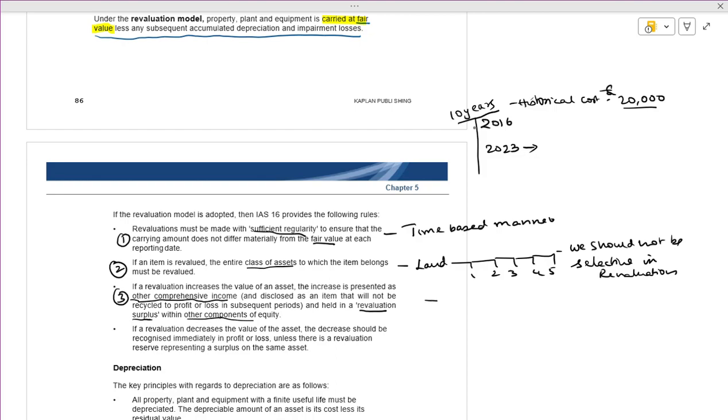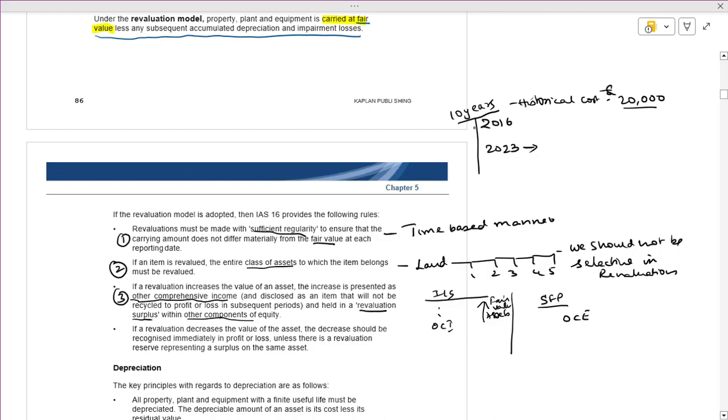So in the income statement it is shown as OCI, and in the statement of financial position it is shown in other components of equity, when the fair value is increasing.